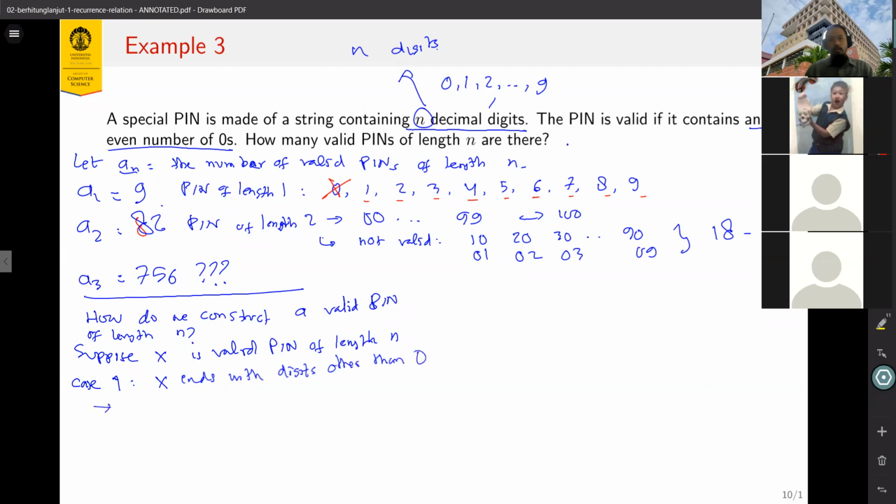That is, X is equal to y1, or y2, up to y9. Now, if X ended with a digit other than 0, then is y a valid pin?